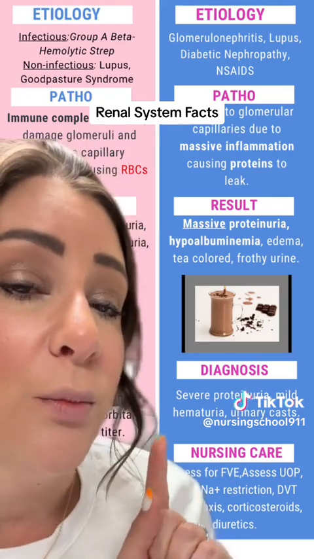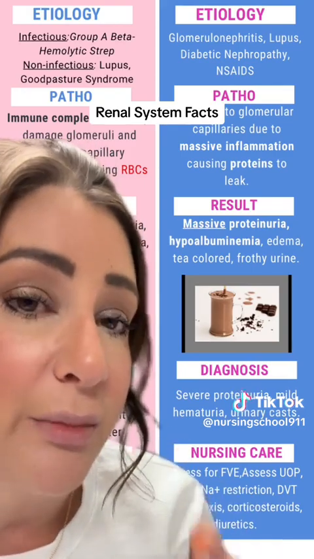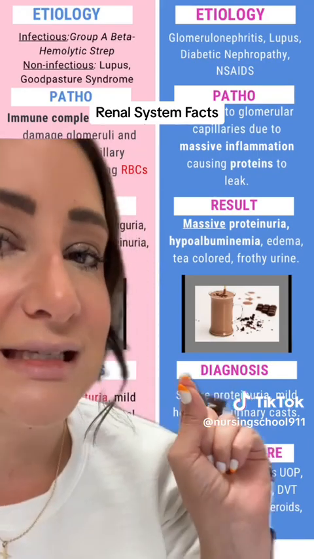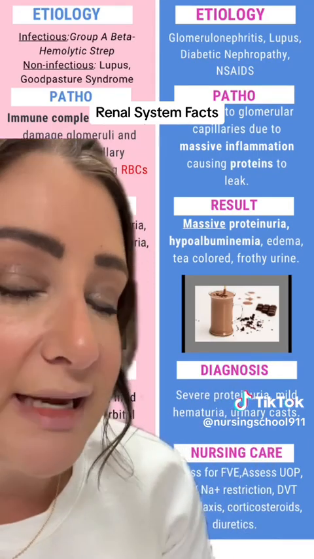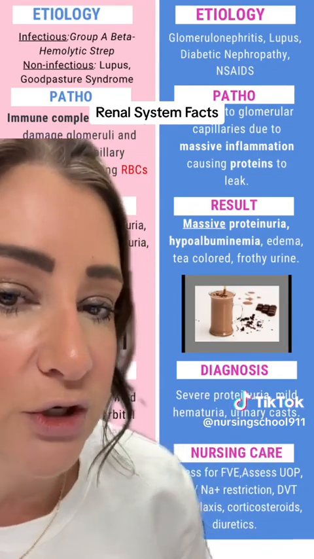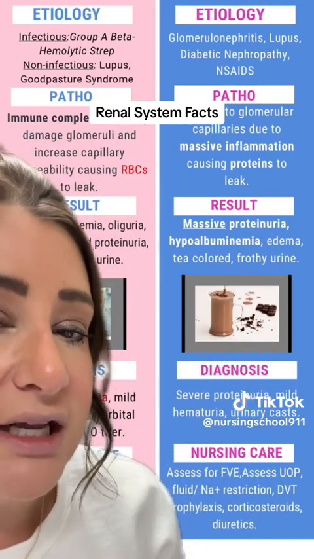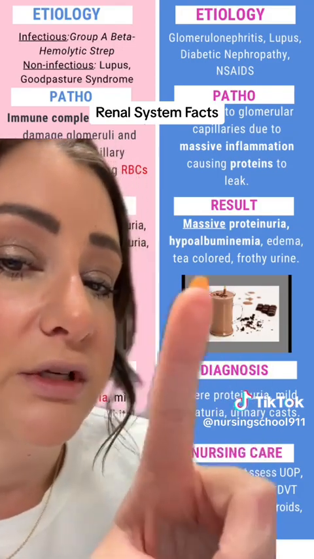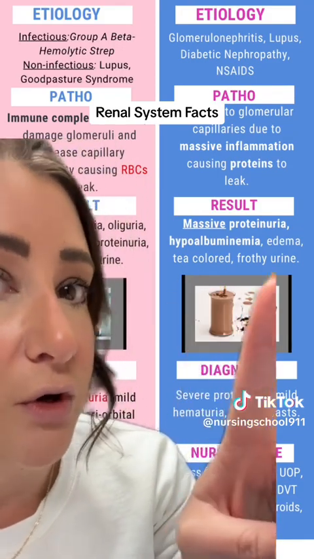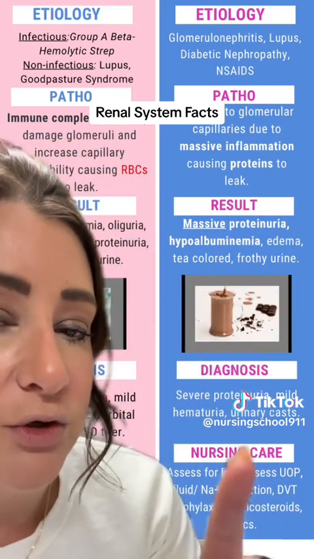Hypoalbuminemia. So albumin is our primary plasma protein, but it is leaking out like crazy in patients with nephrotic syndrome. Here we're going to see edema as well. And instead of cola-colored urine, we're going to have tea-colored frothy urine with nephrotic syndrome.